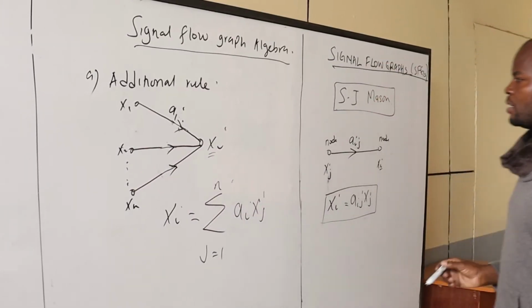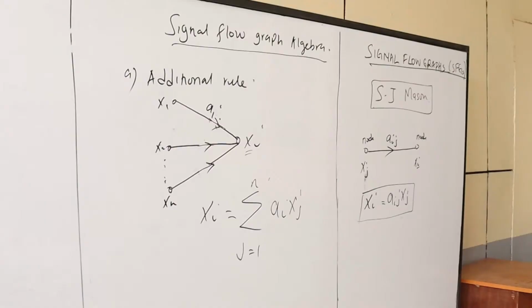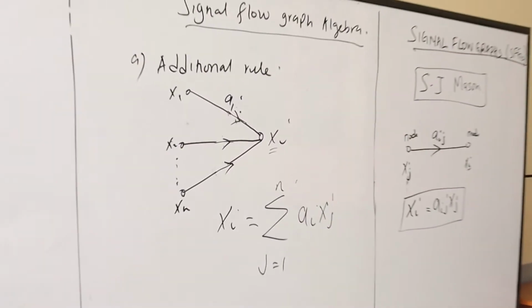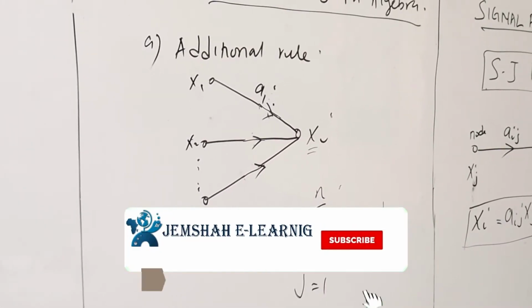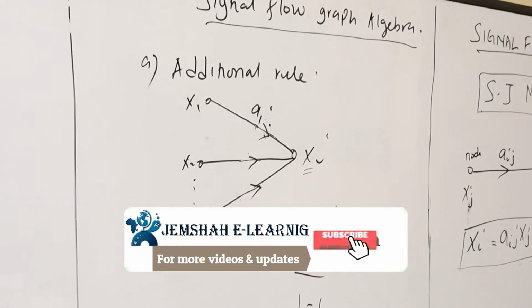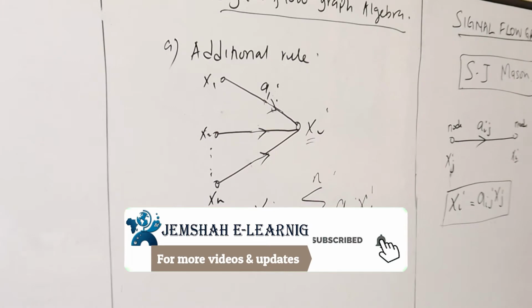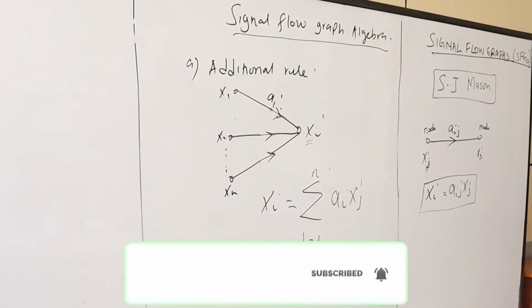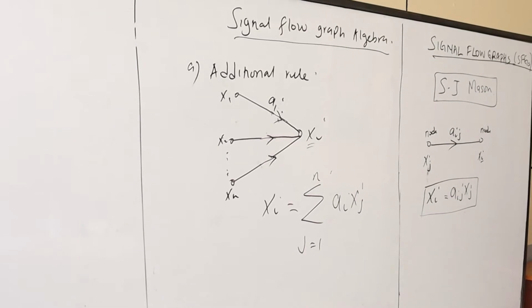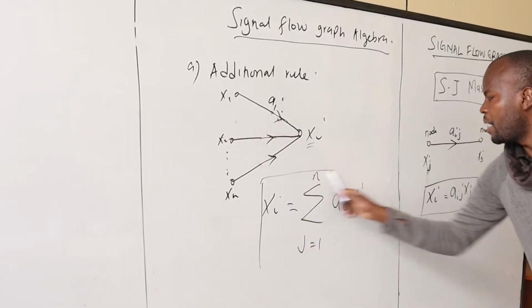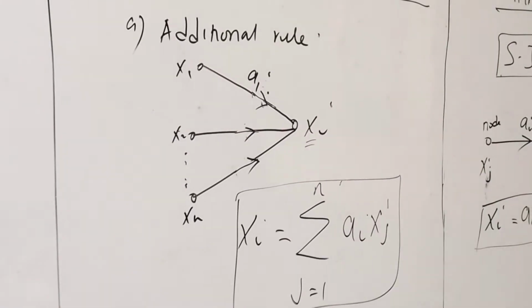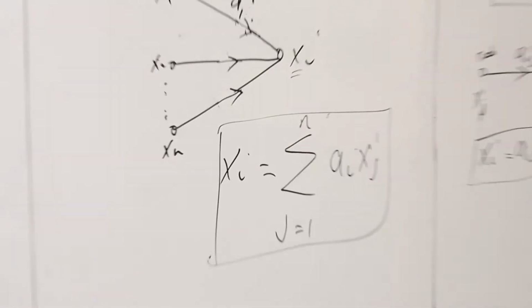This is what we call the addition rule, and it is always very important. Under the addition rule, we say that the value of the variable designated by the node equals the sum of all the signals entering the node, and the equation is given by this.